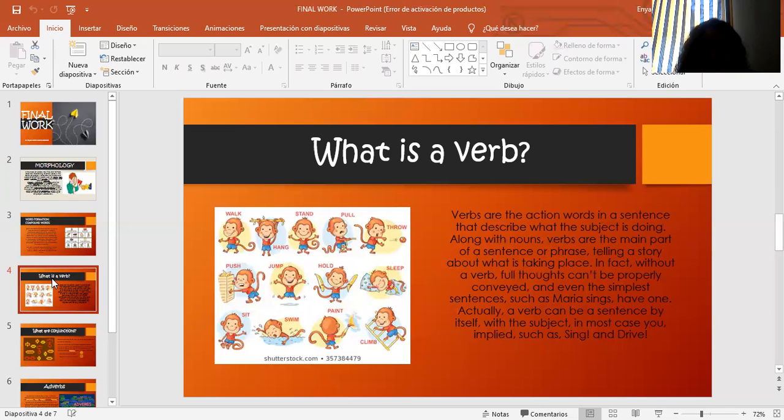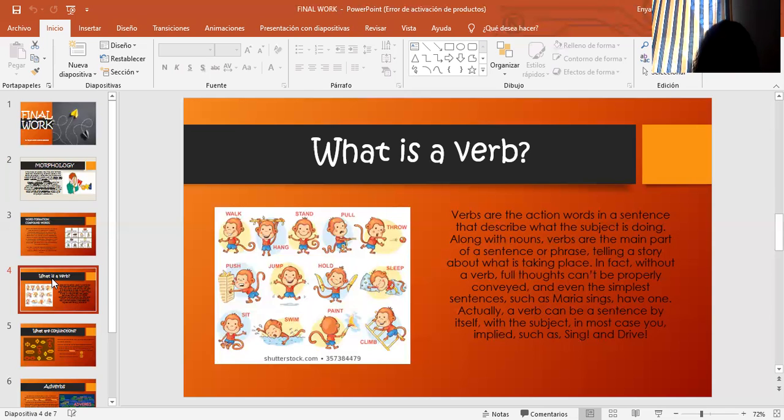We can find action verbs that express specific actions and are used anytime you want to show action or discuss someone doing something. We can find transitive verbs, which are action verbs that express activities that relate to or affect someone or something else.